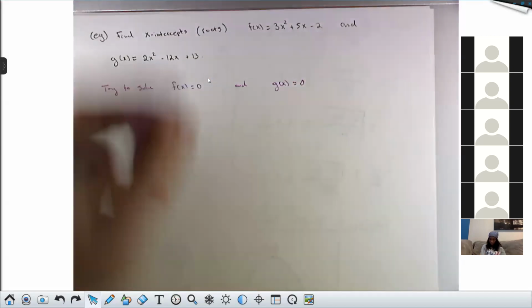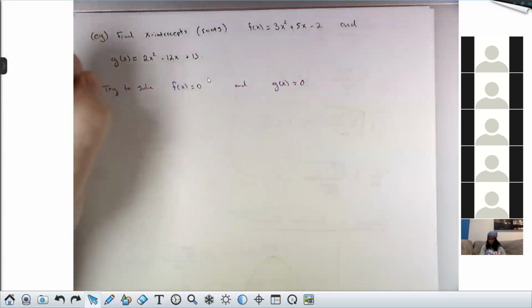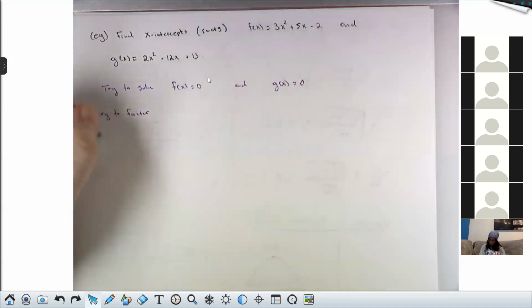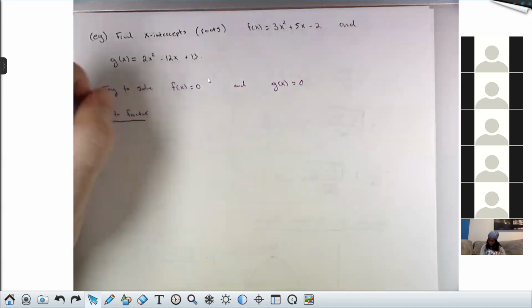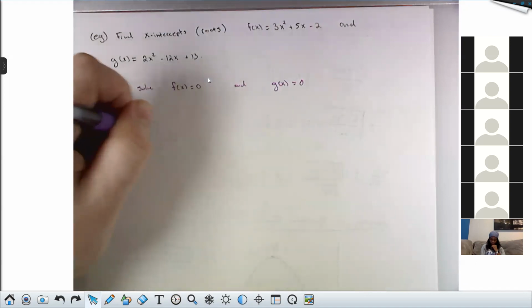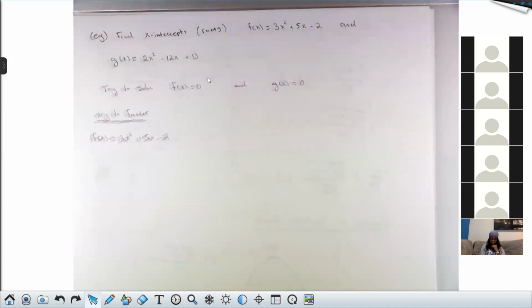And first, we should try to factor. So if I take f of x, that's 3x squared plus 5x minus 2.